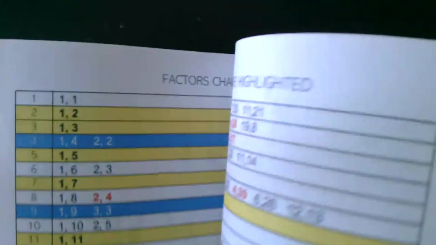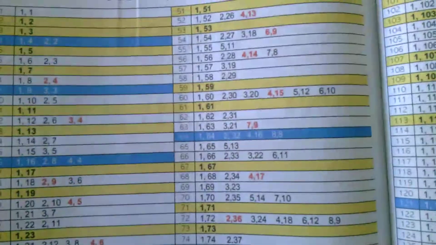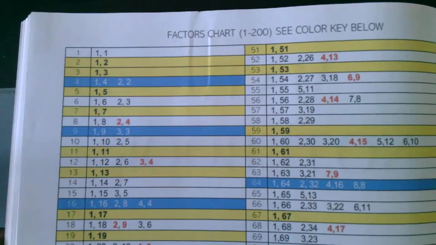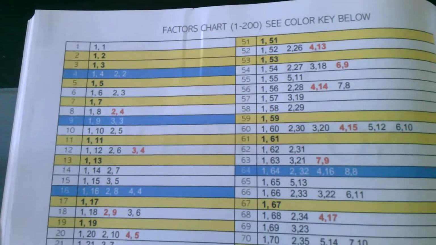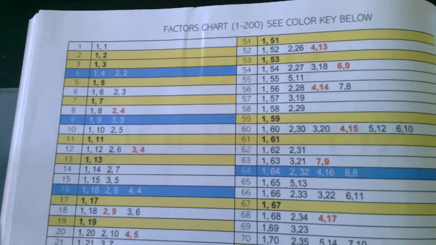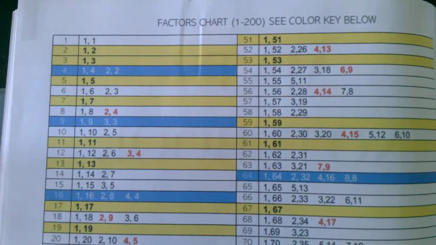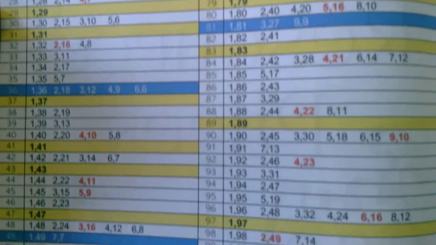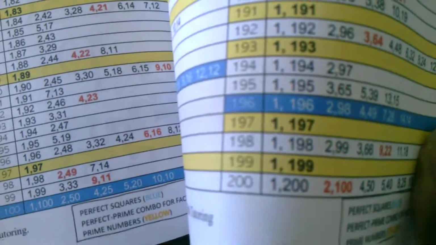Now, the reason why this is different, and you probably just saw it like, ooh, I have resource pages. One of them is my factor chart. Okay, so when you're trying to break down your square roots and your cube roots, or you're trying to find factors so you can do your factoring component, I have not only from 1 to 100, mine goes all the way to 200, okay, at the very bottom.